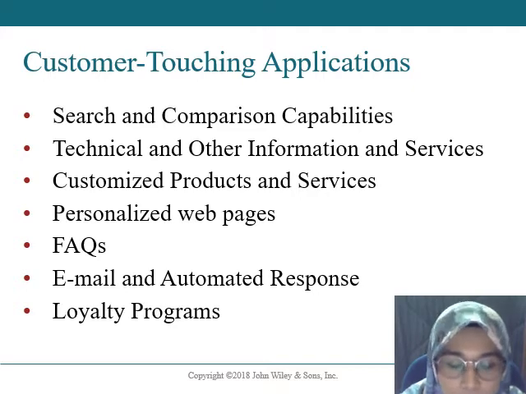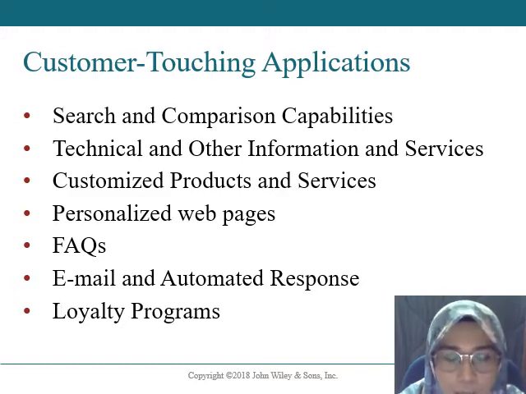Okay, for search and comparison capabilities in the customer touching application, we know that the customer touching application, or we call it electronic CRM or eCRM, is a customer help, self-help application or technology.